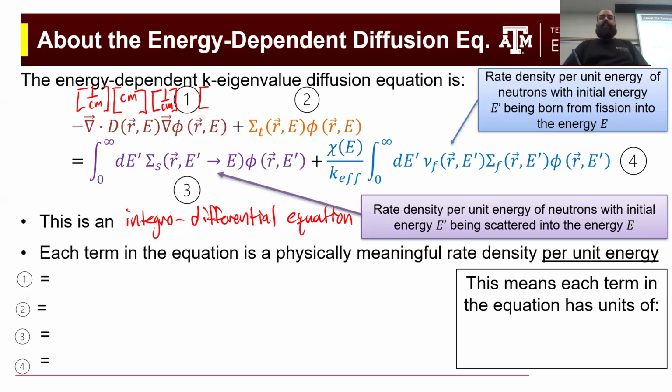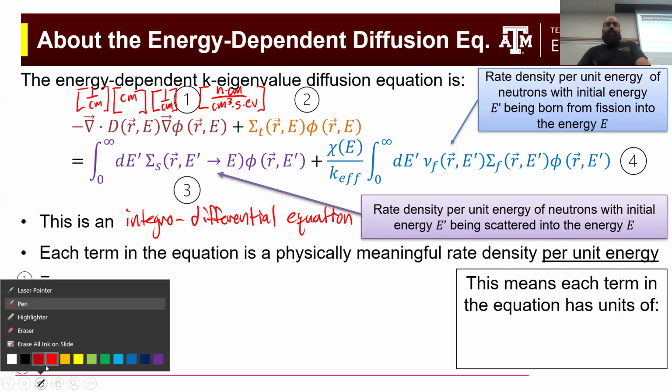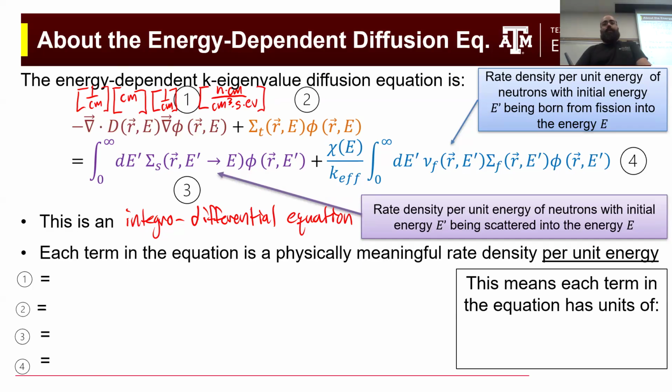And then when we talk about the energy dependent scalar flux, it's the same thing as our regular flux, but it's also a density in energy. So it has units that look like neutron path length per unit volume, per unit time, and per unit energy. So if I think about the units of every single quantity in term one, these centimeters will cancel with those centimeters, and these centimeters will also cancel with those centimeters.